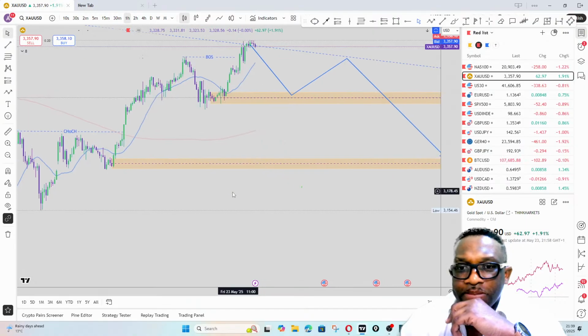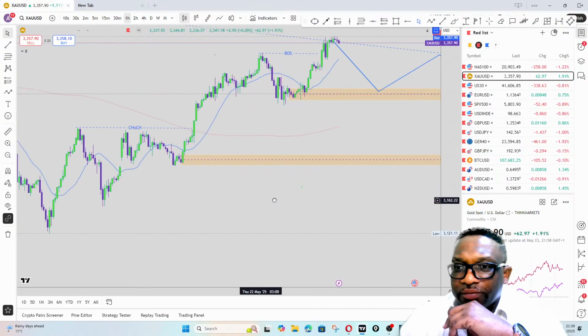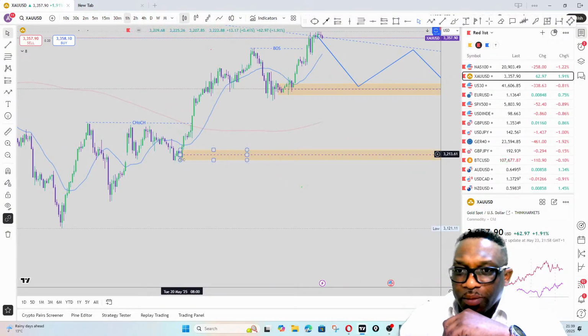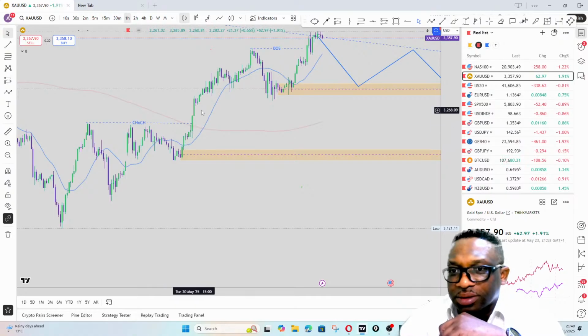So over here as well, we refined this to this area, and then also we can identify some areas of imbalances here, there, here.